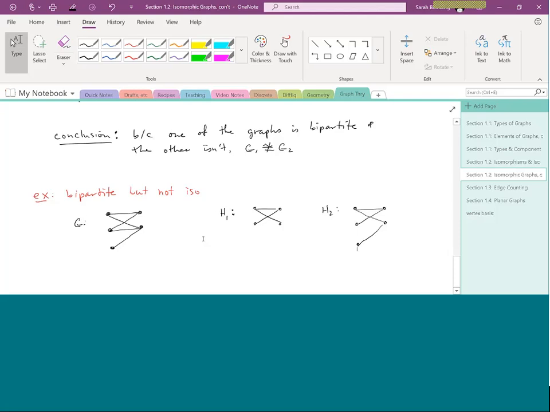I did not, actually, although it is a tie-in. We haven't talked about colorings yet. We're going to deal with colorings in Chapter 2, so next week. But if you color your vertices and you do a proper graph coloring in only 2 colors, that actually is one of the conditions for being bipartite.